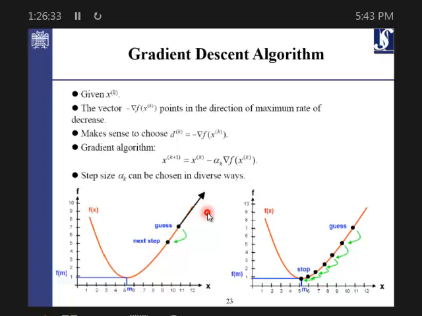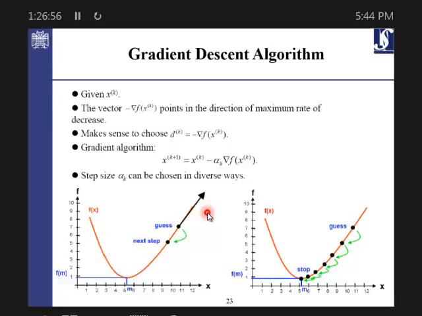But what I explained is actually stochastic gradient descent. And what we talk about here is gradient descent, which is based on the fact that the optimum direction to take is the negative of the gradient.